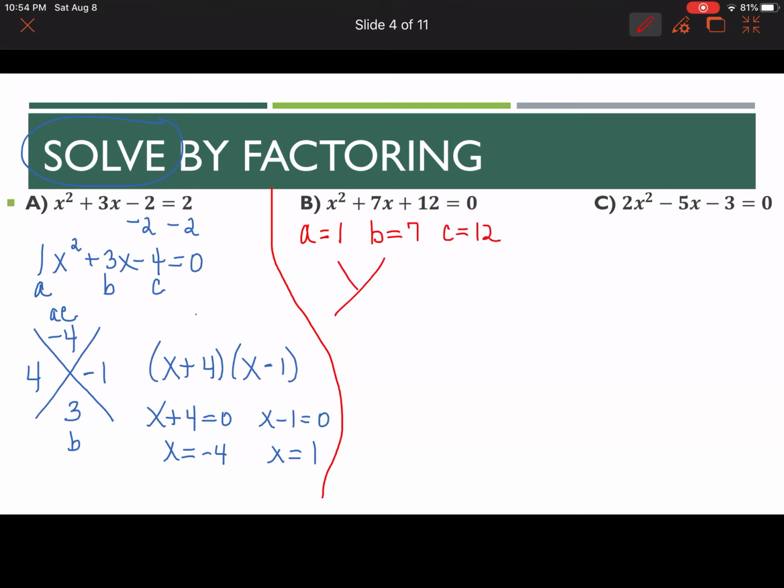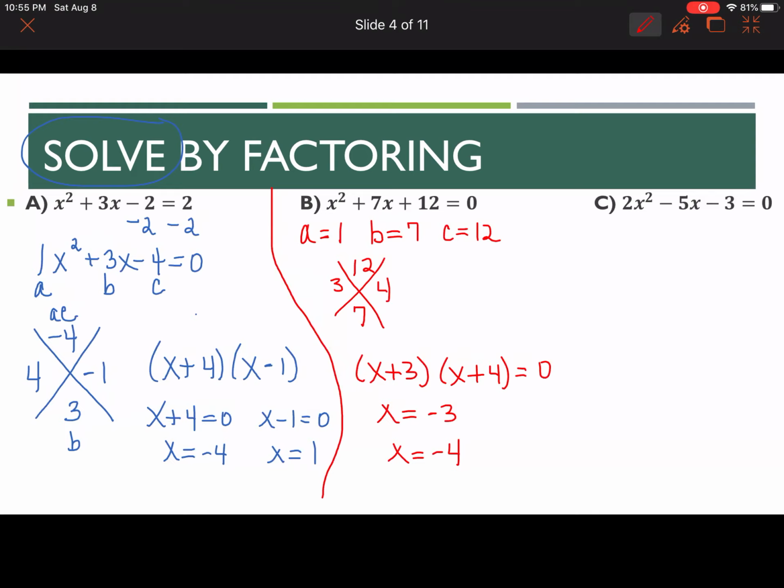So we need two numbers that multiply to 12 and add to 7, and that would be 3 and 4. Okay, so that factors down to x plus 3 and x plus 4. Set those both equal to 0, and we get x equals negative 3 and x equals negative 4.